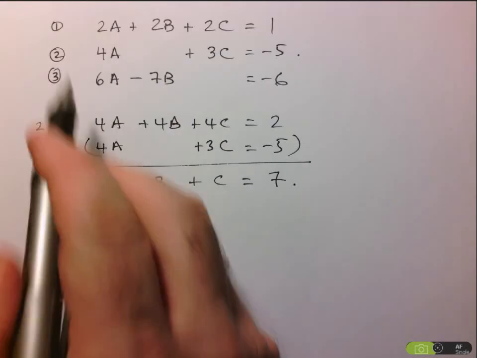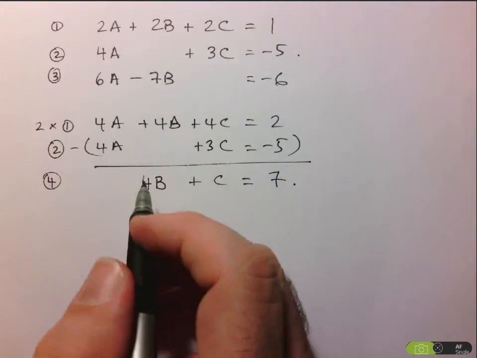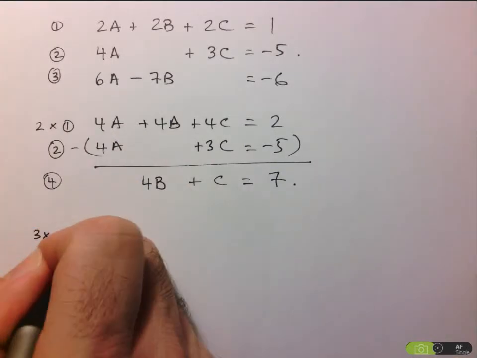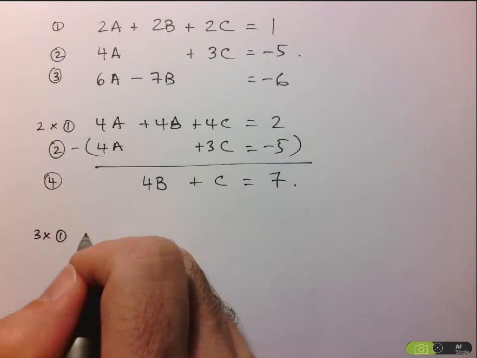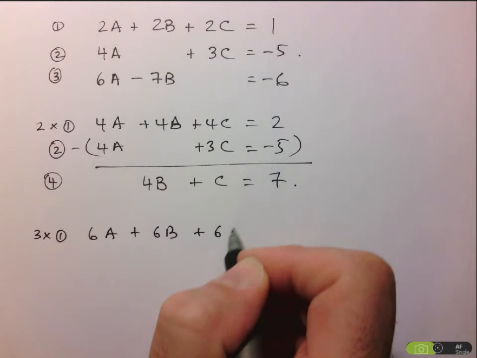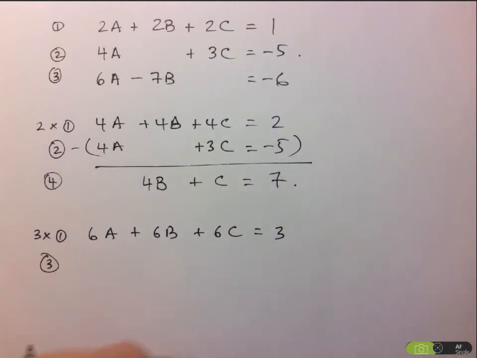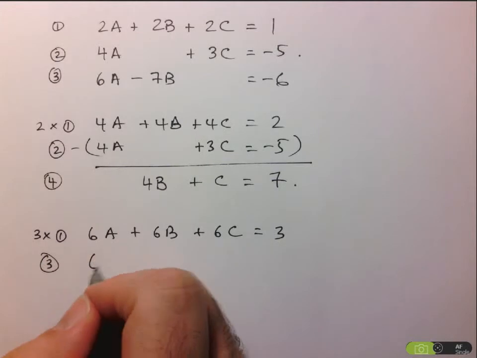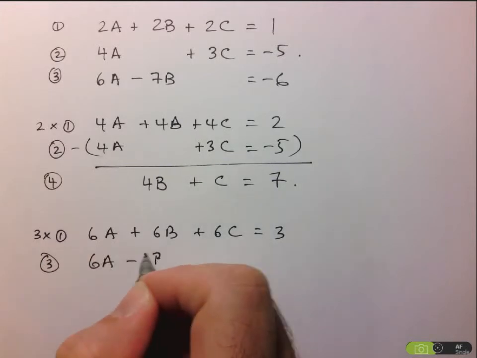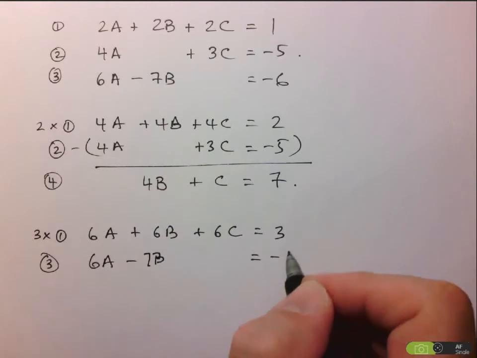And now I'll work with 1 and 3 to again eliminate a. This time I have to multiply equation 1 by 3. So I've got 6a plus 6b plus 6c is equal to 3. And then equation 3 can stay as it is: 6a minus 7b equals -6.